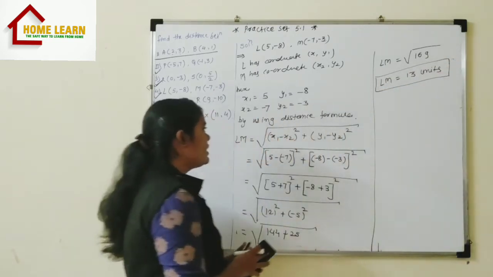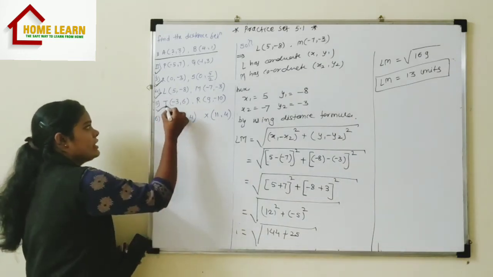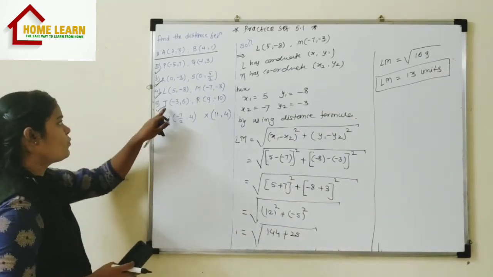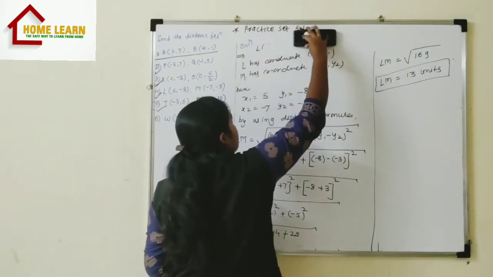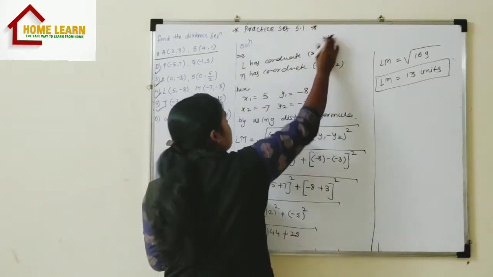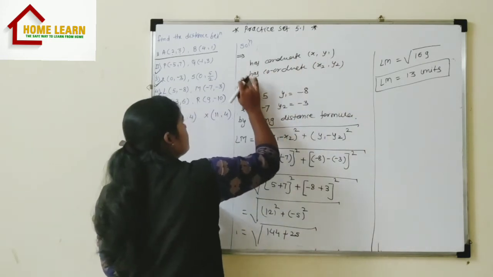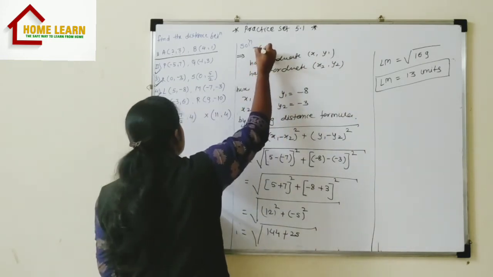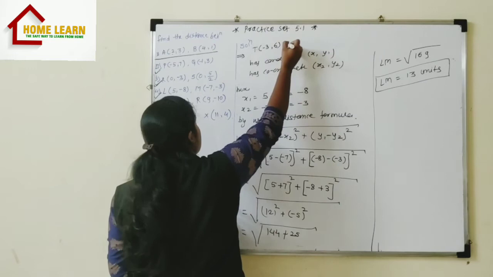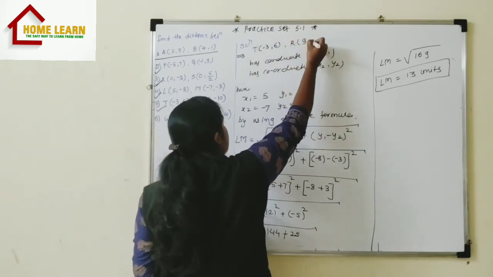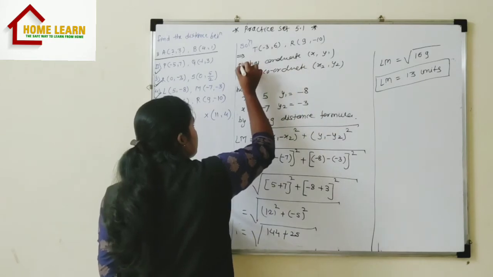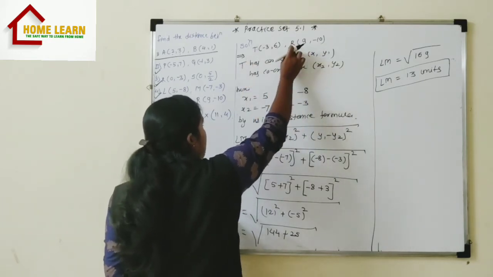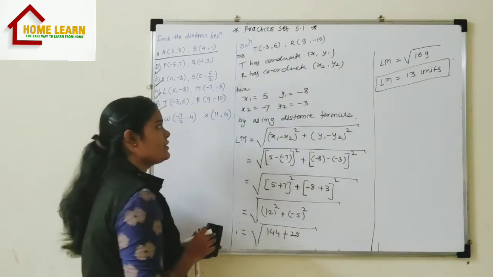Okay. Let's solve the next one, the fifth number, that is points T and R. T has the coordinate (-3, 6) and point R has the coordinate (9, -10). Assume that T has the coordinate (x1, y1) and R has the coordinate (x2, y2).